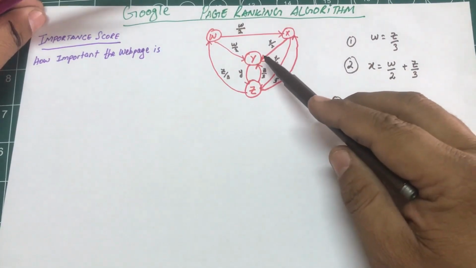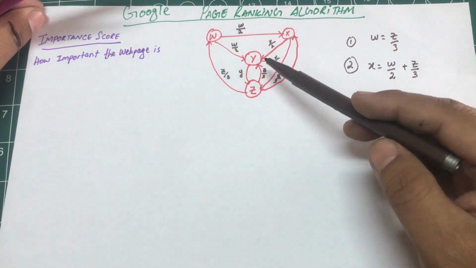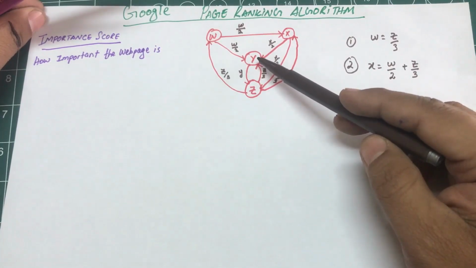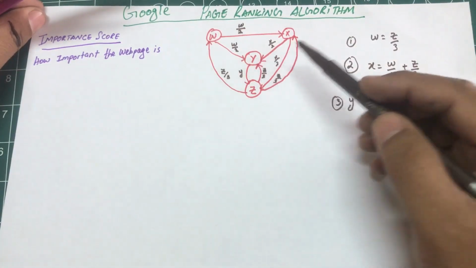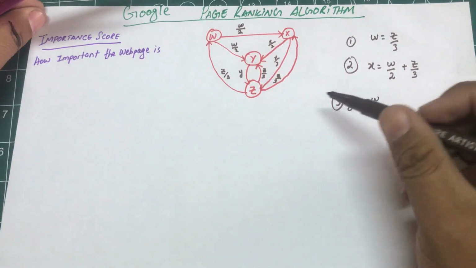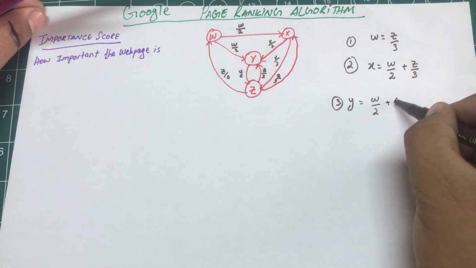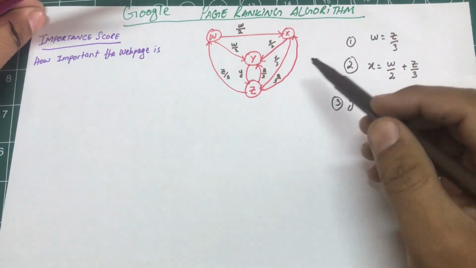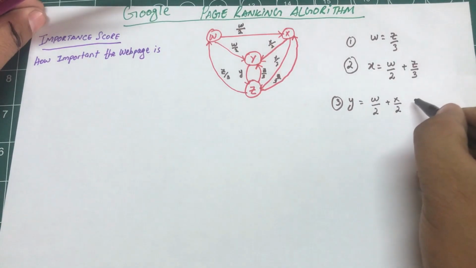Y has 1, 2, 3. It looks like there are a lot of pages pointing to the web page for Y, so it might be important. Let's calculate this. So Y is equal to W over 2, plus X over 2, and I have another link coming into Y, which is Z over 3.